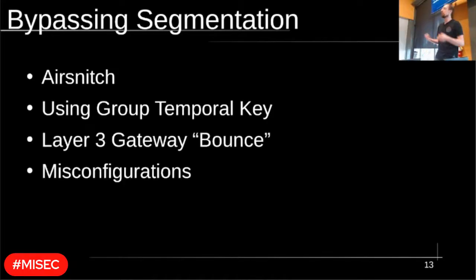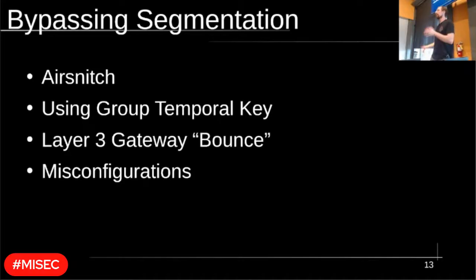The first thing is using the group temporal keys. So I already mentioned temporal keys before. In a standard setup, especially with WPA2, you are going to have a pairwise temporal key, which is for your single connections, where it's just you and the access point that you're connected to. But you'll also get a group temporal key, which will allow for multicasting purposes.